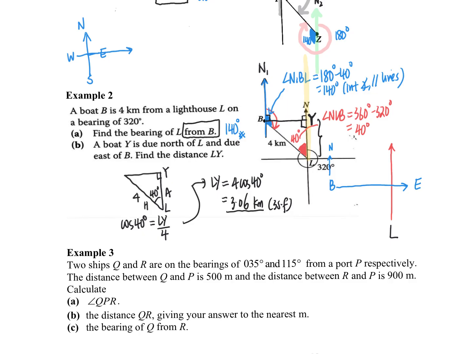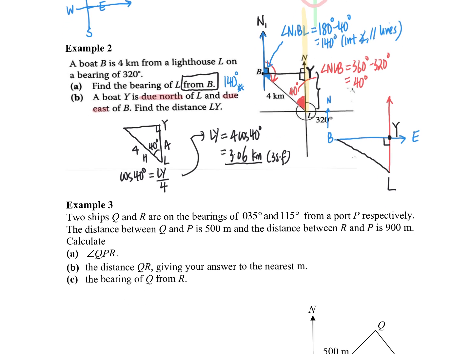So that is why this must be a 90 degree. And your Y must be here, because this is the overlap. It is due north and due east of B. So Y must be there. So that's how you get the right angle triangle. Okay, so when you see these kinds of words like due north, due south, you know there must be some right angle triangle somewhere that they are hinting.